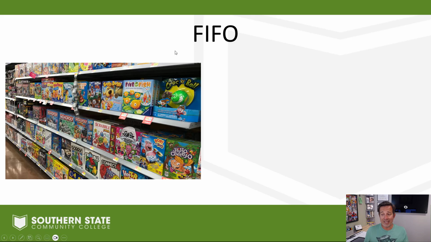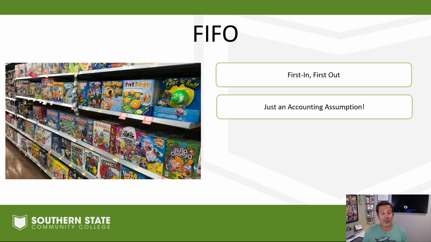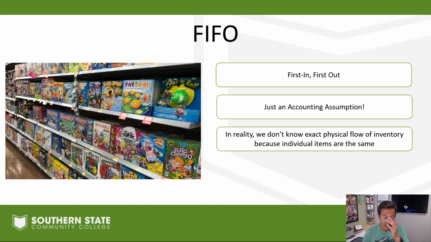So FIFO, again, first in, first out. We are making an accounting assumption that the first products in are the first ones to be sold. Now, that's an assumption. In reality, we don't really know the exact physical flow of inventory because all the individual items are the exact same. If you think about Walmart, you can see the Monopoly games here in one store. Maybe they've got 20 of them.